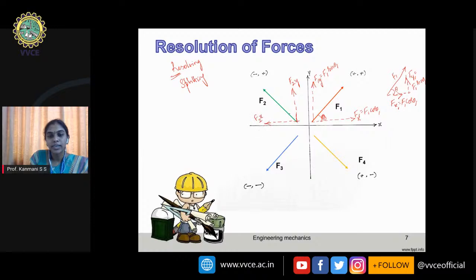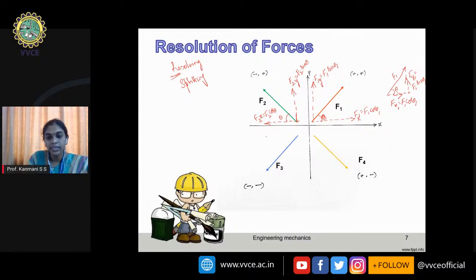So f2x, if this angle is theta, the side adjacent to theta is always the cos component. So it will become f2 cos theta, and the angle opposite, or the left out side, we are going to get f2 sine theta. So adjacent to the angle is always cos theta, opposite to the angle is always sine theta. This is the concept we usually use.